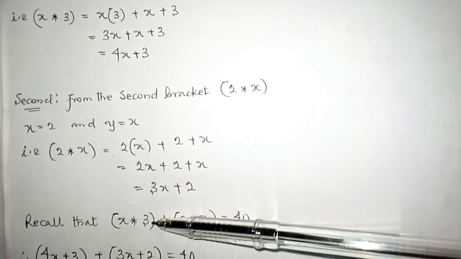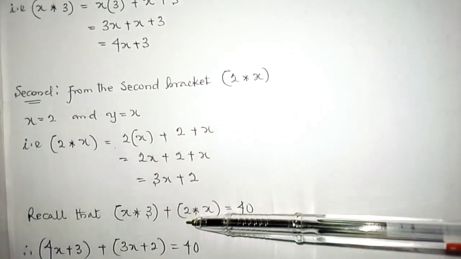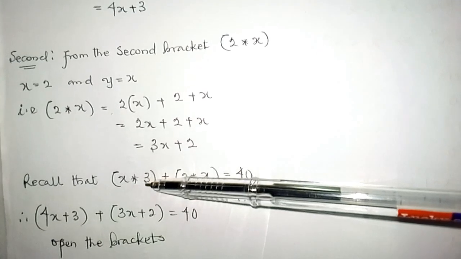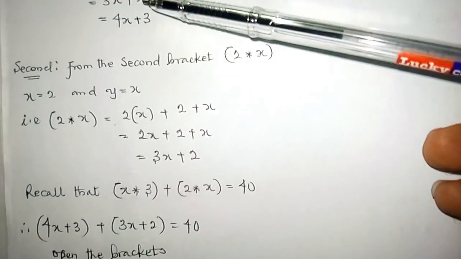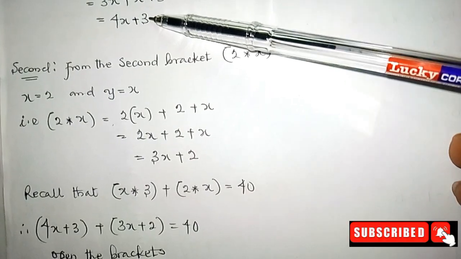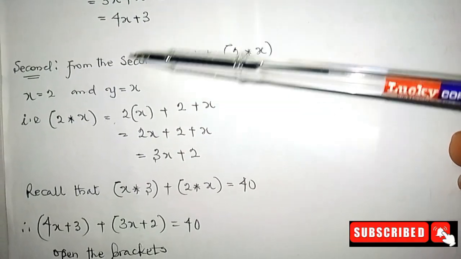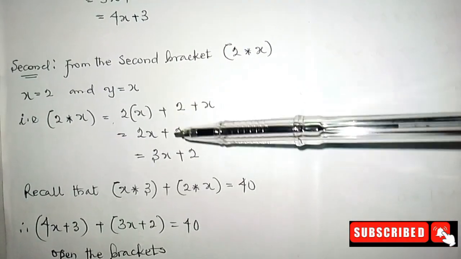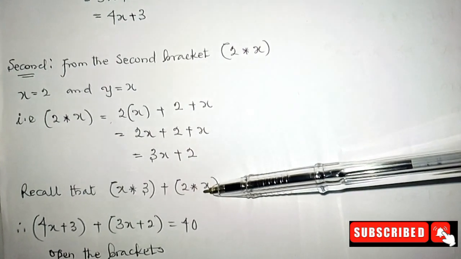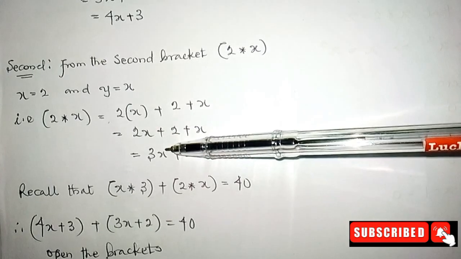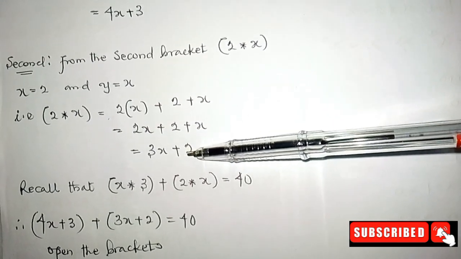So we have to recall that x asterisk 3 plus 2 asterisk x equals 40. So we bring in the values. The value of x asterisk 3 is 4x plus 3, and the value of 2 asterisk x is 3x plus 2.